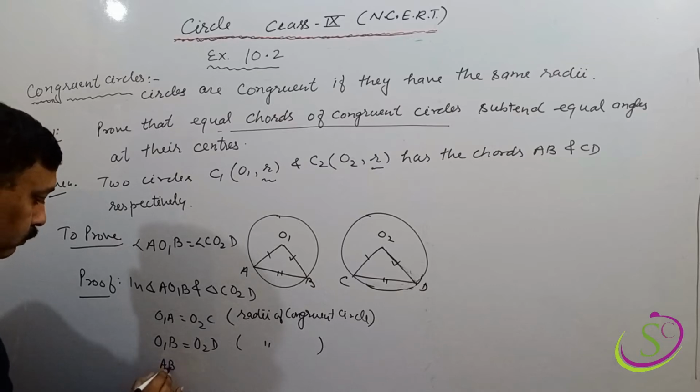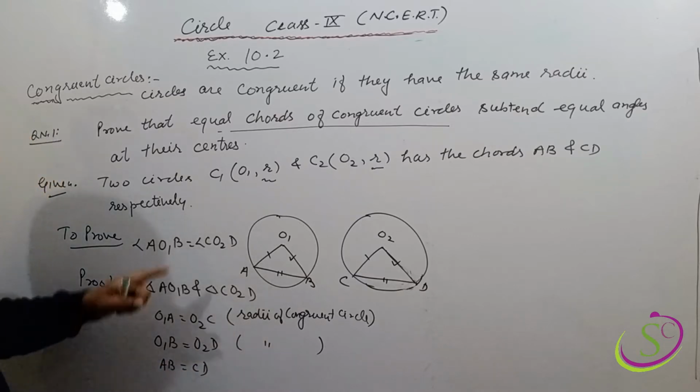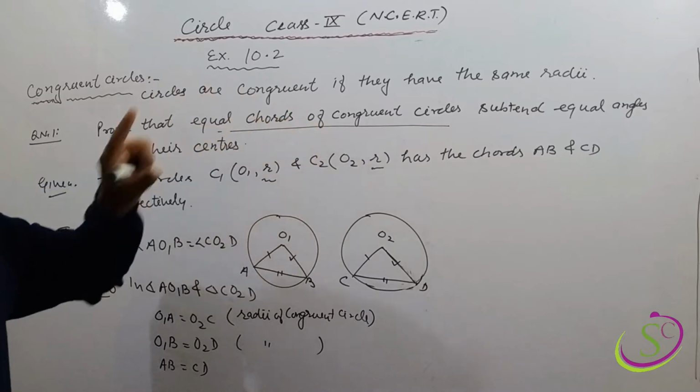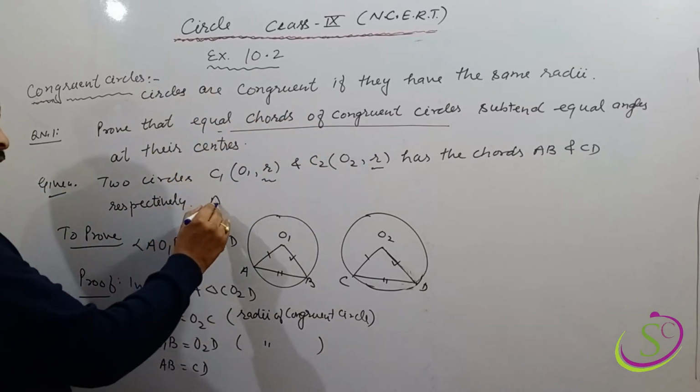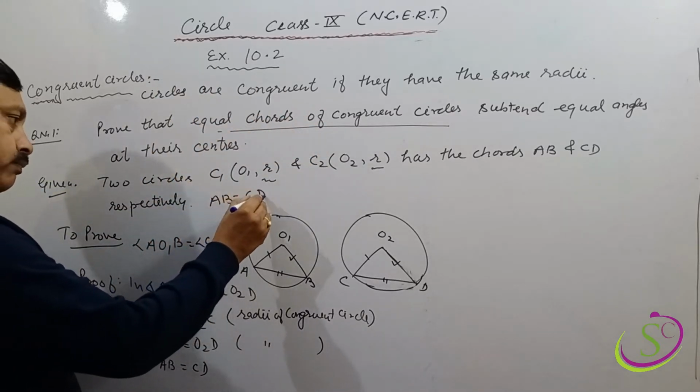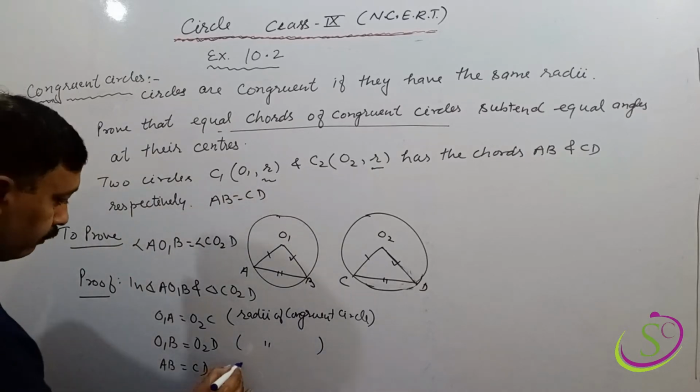But AB equal to CD. How? जी, equal chords of congruent circles. This is also given कि AB equal to CD. Clear? Given.